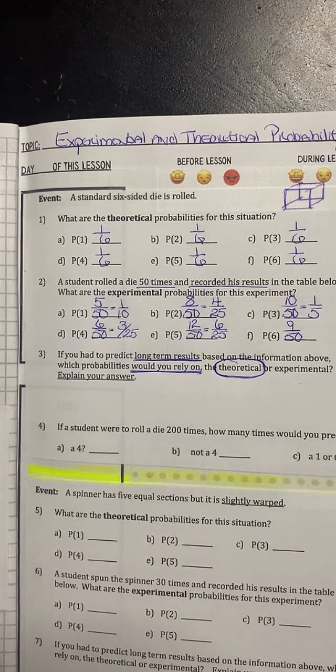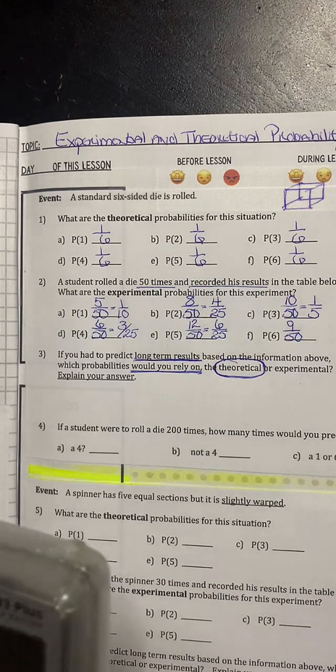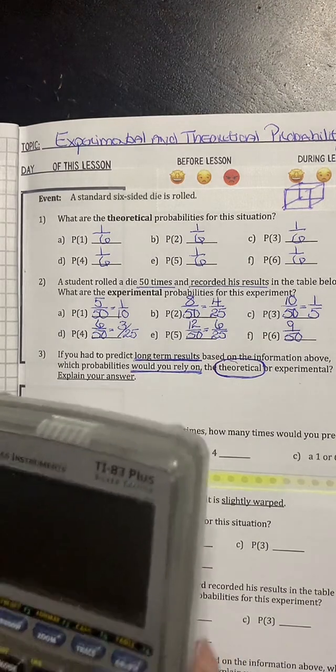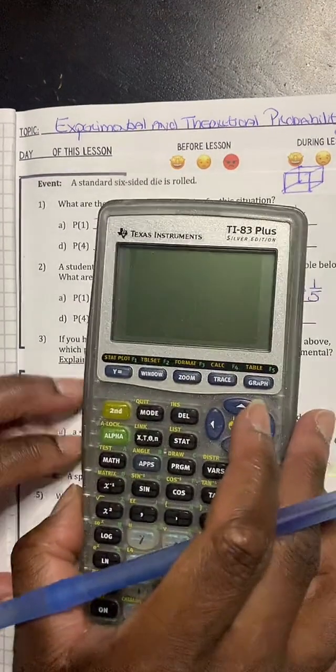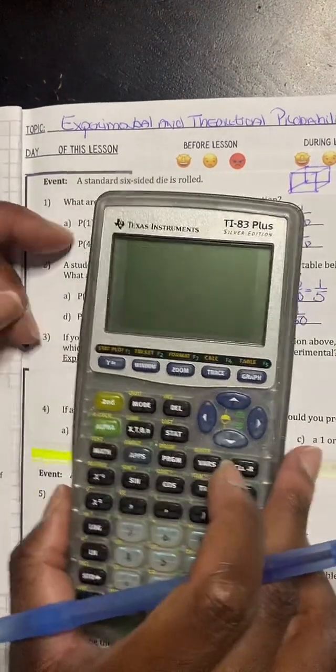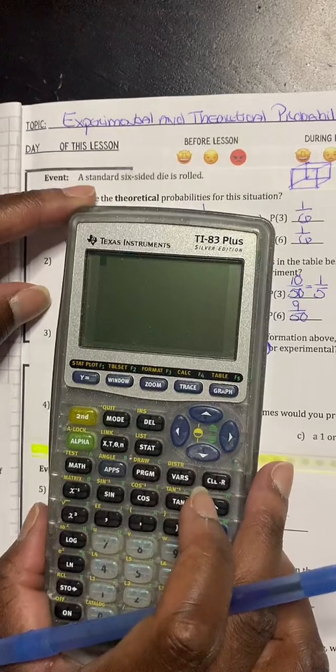I think I could find it real quick. If I go on my graphing calculator, it does other things other than just calculate.